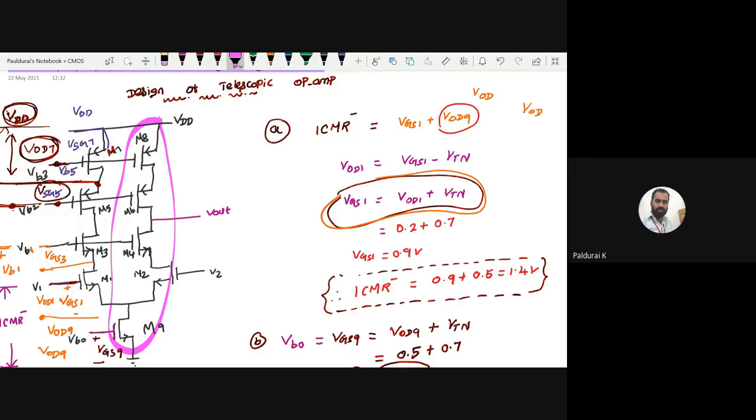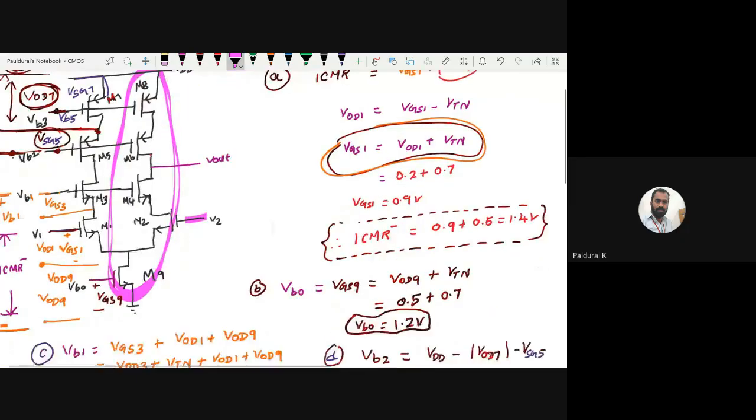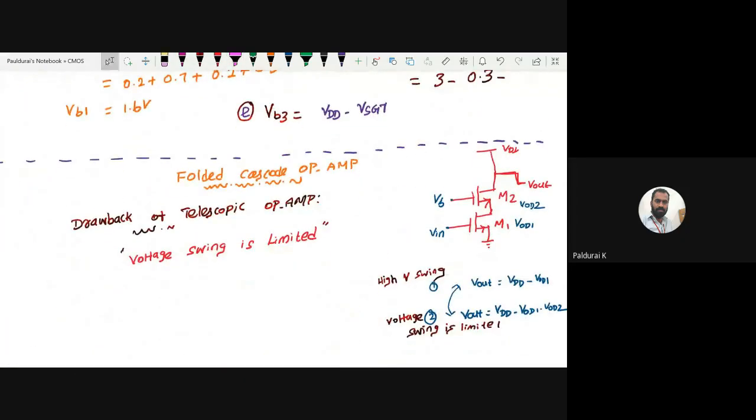I want to reduce the number of transistors over the input transistor. For this half circuit, this is my input transistor. This time I want to reduce the number of transistors over the input transistor. For that reason, we are moving towards folded cascode.